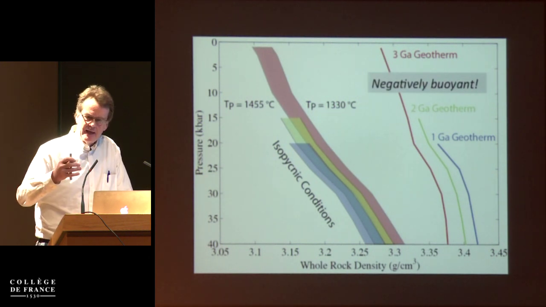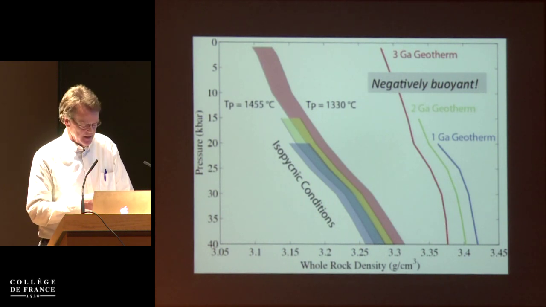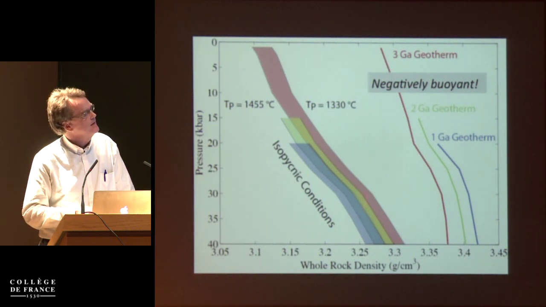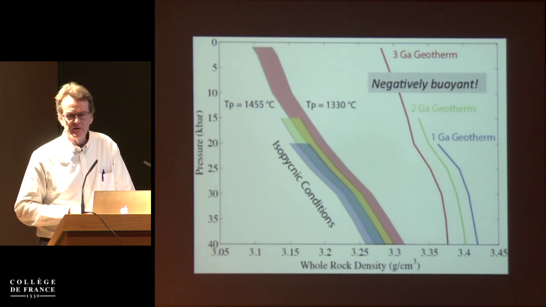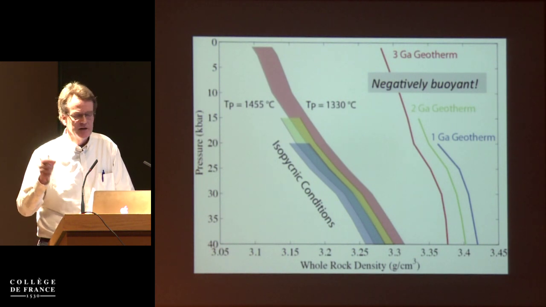So under any circumstance, under these conditions, the upper part, at least above, say, 120 to 150, probably even more way down in here, all of that mantle lithosphere, that residual mantle lithosphere, is too dense to be isopycnic.